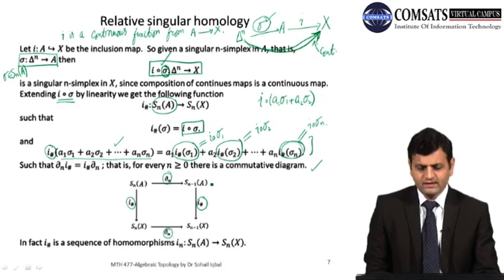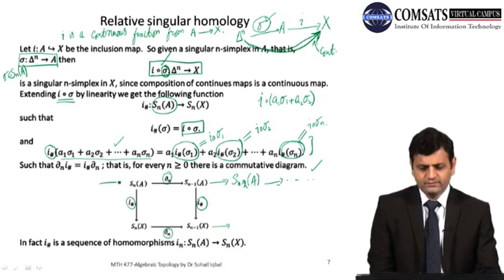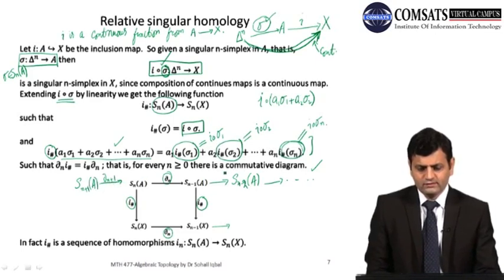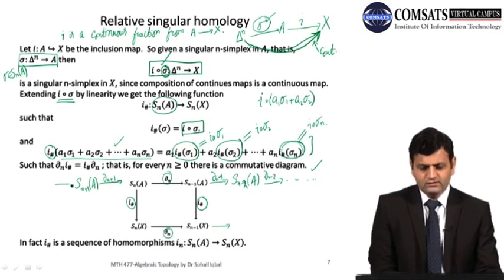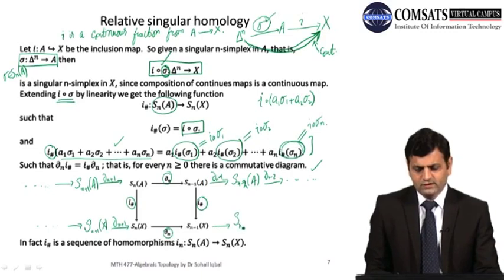Remember that there are two chain complexes, one corresponding to X and the other corresponding to A. For example, n minus 2 chains of A and so on, coming from Sn plus 1 of A, and these are the boundary maps: n minus 1, n minus 2, and so on. These are the two chain complexes, Sn plus 1 of X, boundary n plus 1, and so on, and we can continue on this side as well, with n minus 2, boundary n minus 1, and so on.